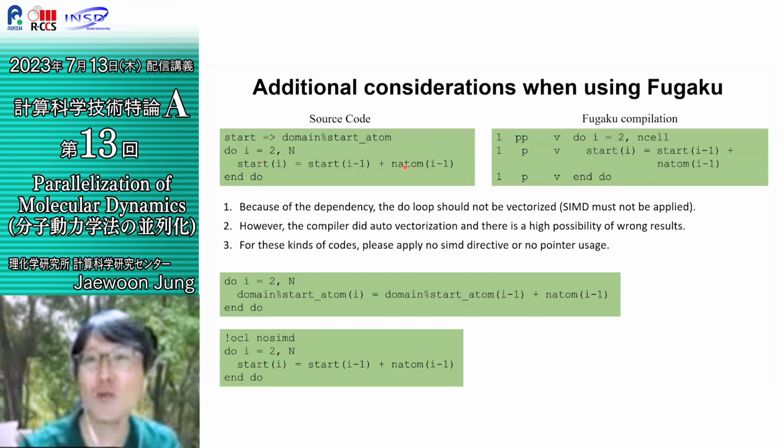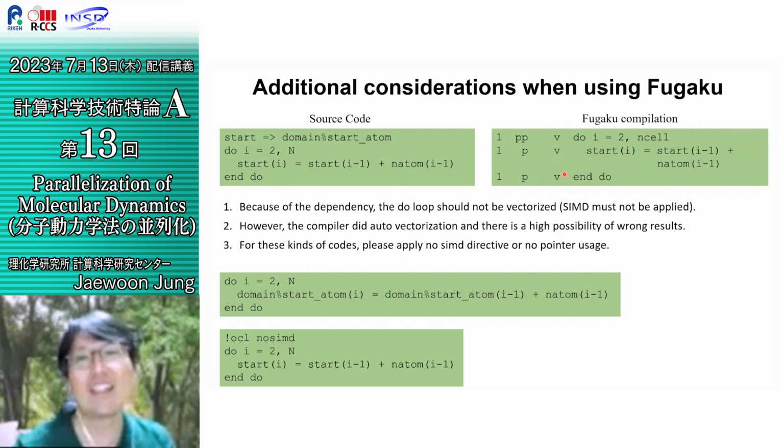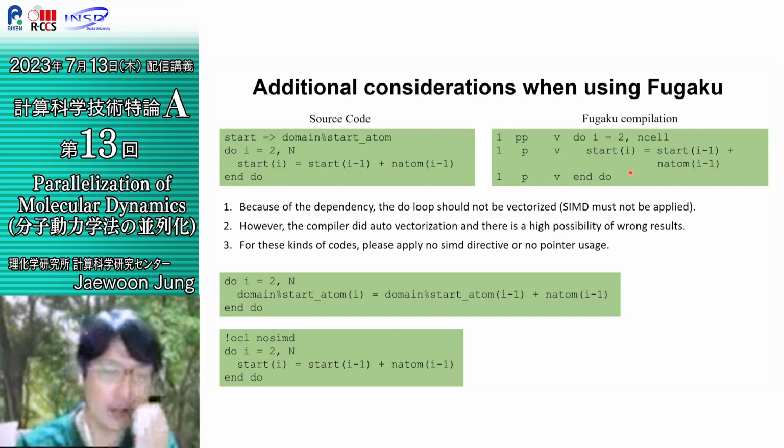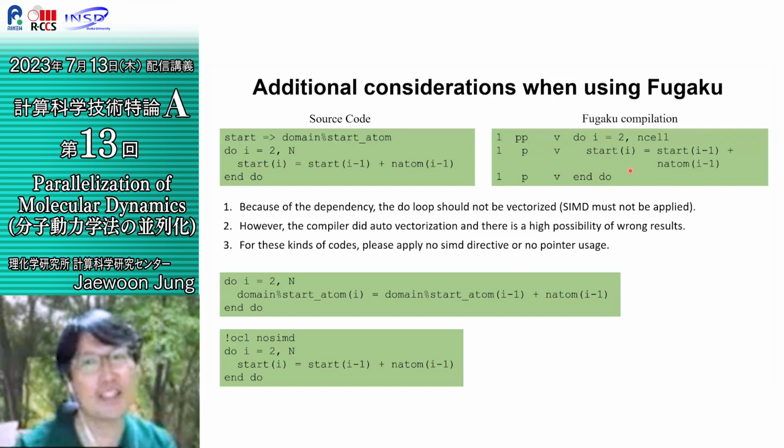But if we compile this one on Fugaku, then if you see the compile log result, you can see this one. Here, V means that it is vectorized. In other words, SIMD is applied. The problem is that if we apply SIMD, then the start values at i equals 2, 3, 4 are computed at the same time, and they do not have the correct values.